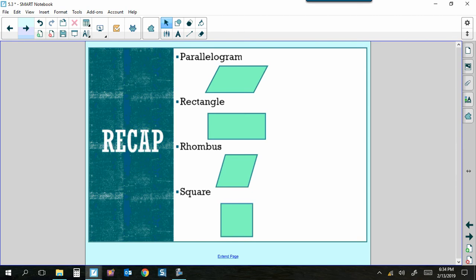Recap, parallelograms. We know that parallelograms must have two sets of parallel sides, opposite sides parallel right here and right here. You can go ahead and take the time if you would like to write down all the properties. You know opposite sides are congruent. You know opposite angles are congruent. You know the diagonals bisect each other. Any of these can be used to prove that you have a parallelogram.